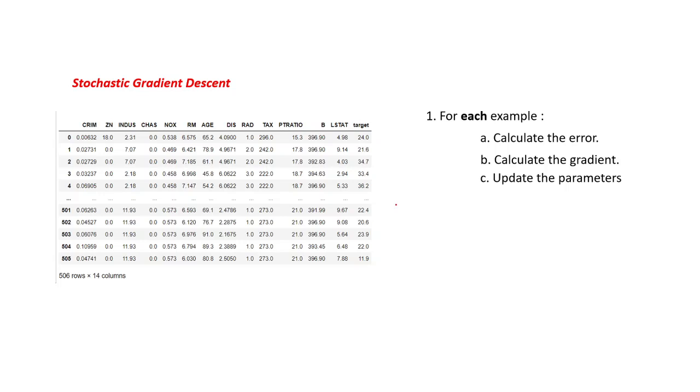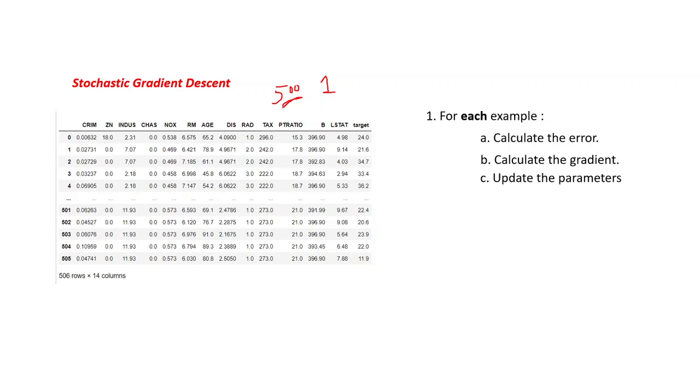So if your dataset contains 500 examples, after the model goes through all the 500 examples, in case of batch gradient descent, it will update the parameter only once. But in case of stochastic gradient descent, by the time your model goes through all the examples, it will have updated the parameters 500 times.